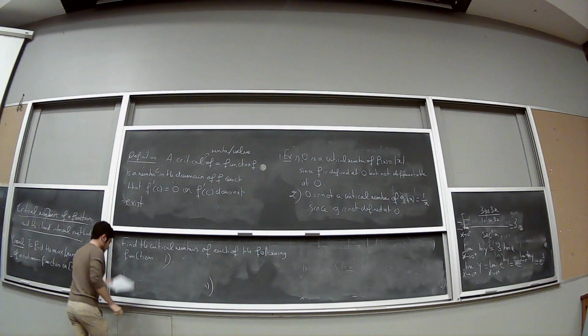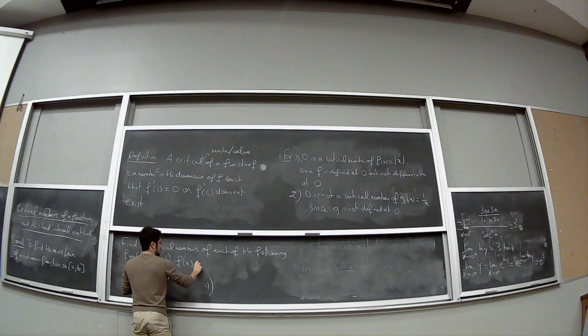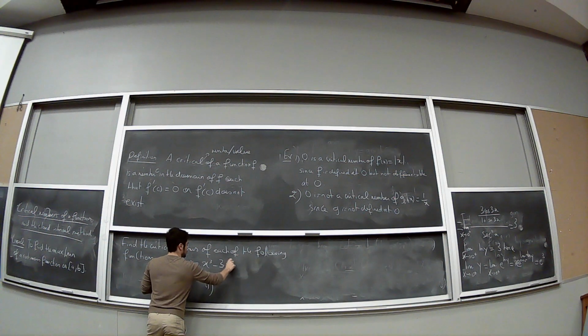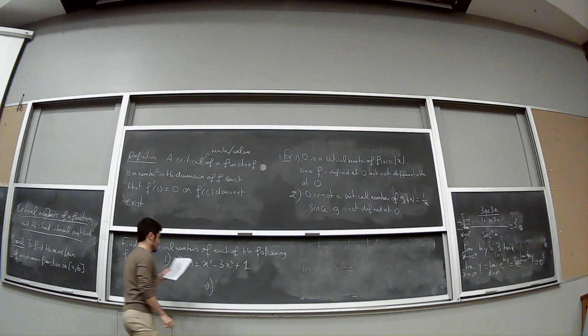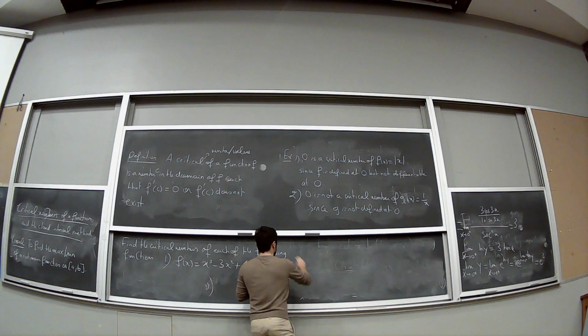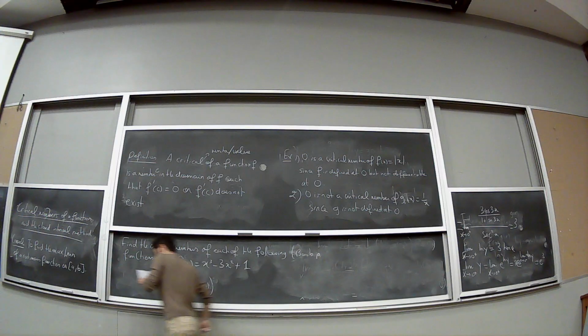So I have 1. The first function is f of x equals x cubed minus 3x squared plus 1. Of course, if you're going to practice this, go to the book.